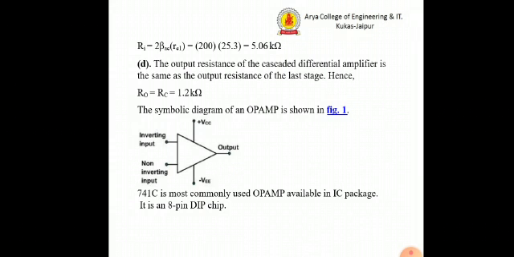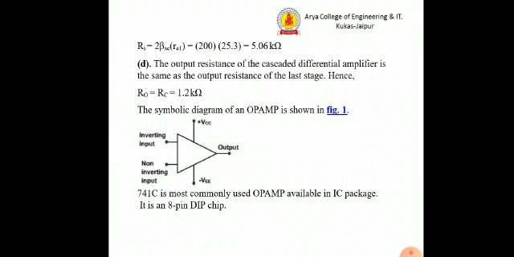So this was basically our analysis for cascaded differential amplifiers, which are used to make an op-amp. The symbolic diagram of the op-amp is given in this particular figure. Here we can say the input terminals are an inverting input and a non-inverting input.